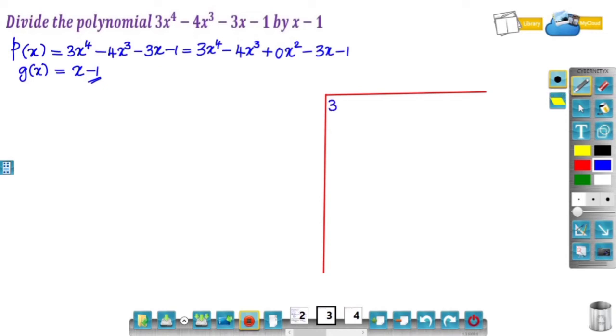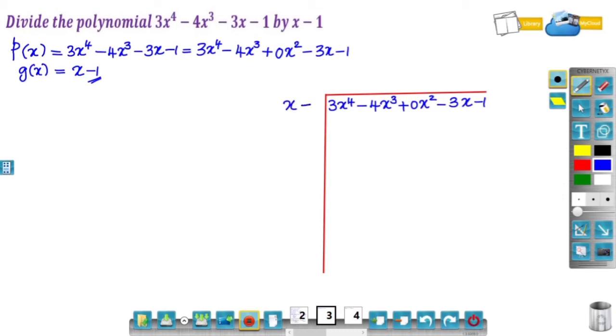Now write the dividend, that is 3x to the power 4 minus 4x cube plus 0x square minus 3x minus 1, we have to write the standard form.